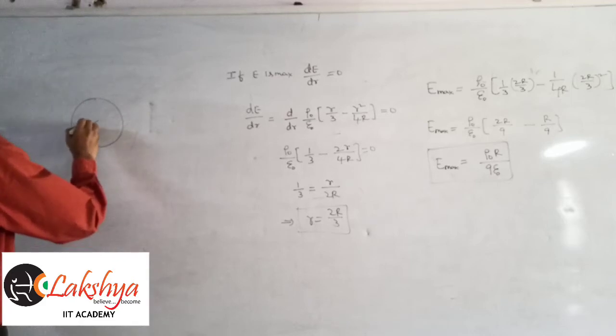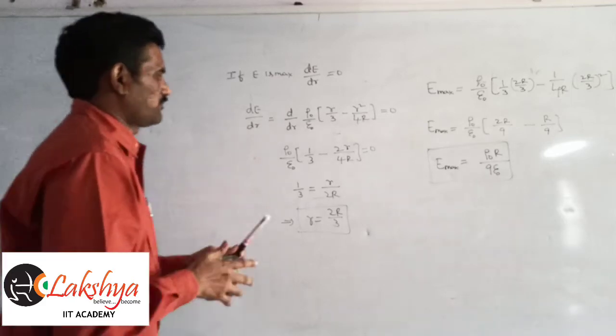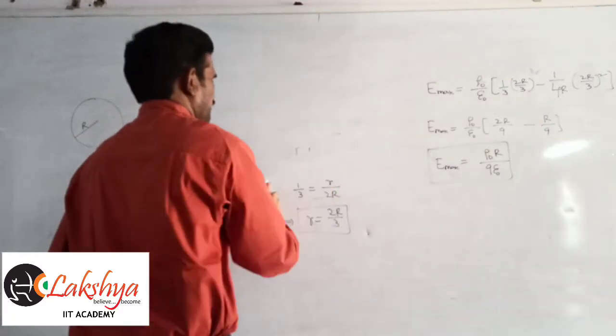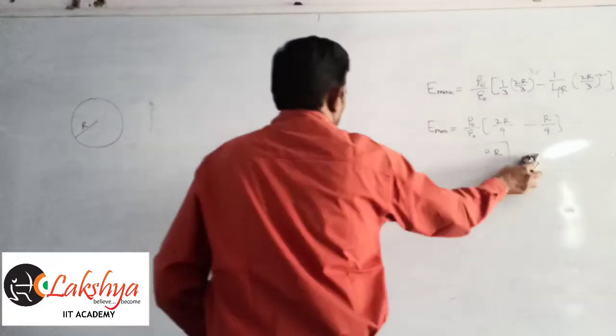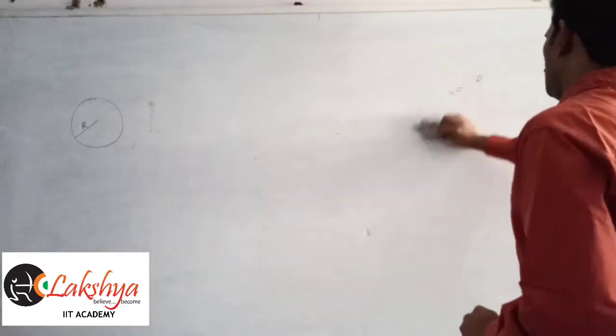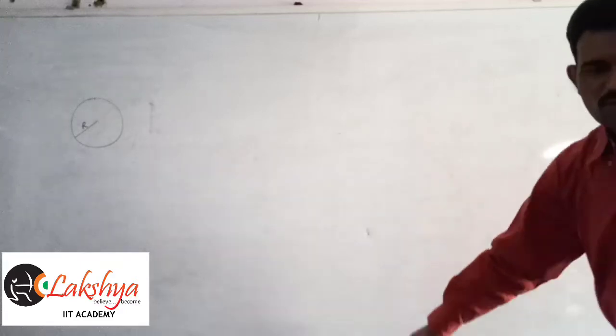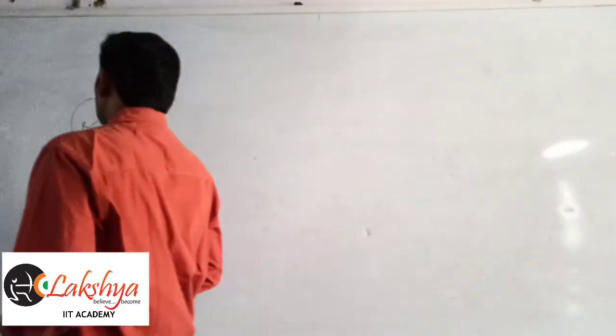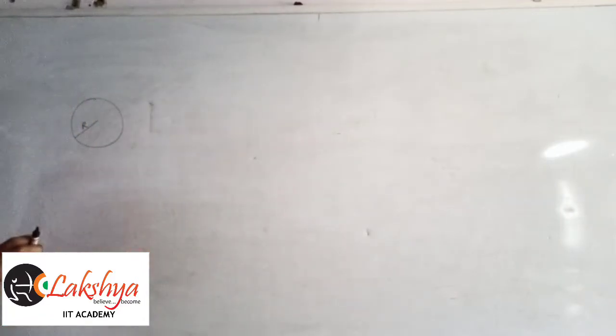A spherical ball of radius capital R is having some uniform charge distribution.